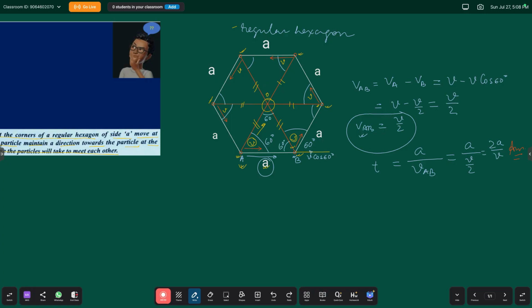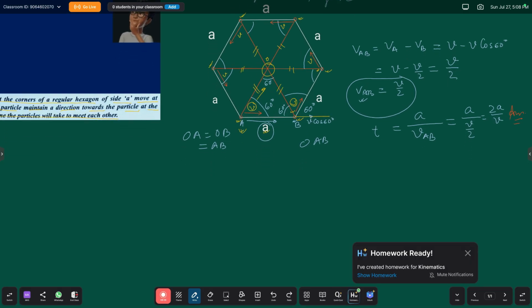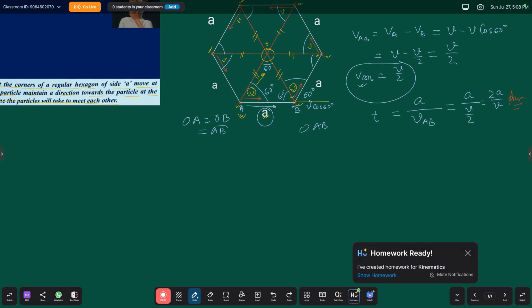So this triangle OAB will be an equilateral triangle. So OA will be equal to OB is equal to AB. So we are interested in knowing OA. So OA is equal to AB, which is equal to a.